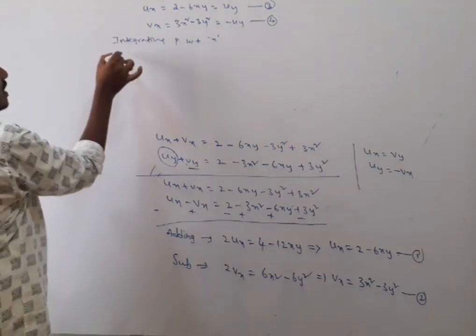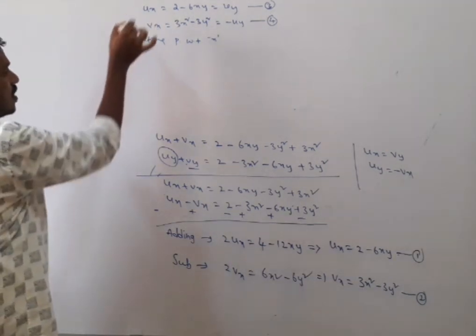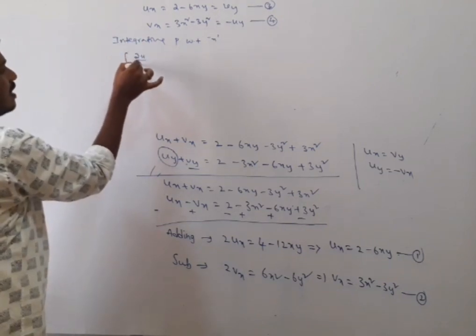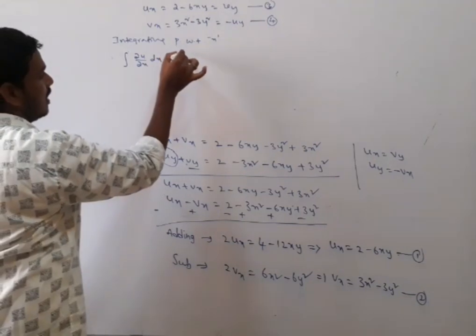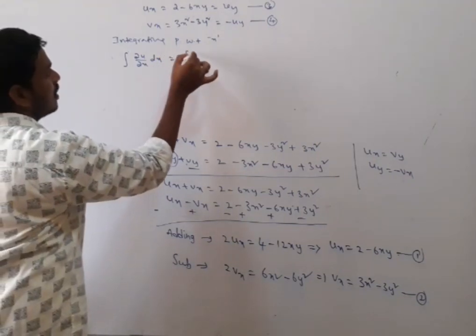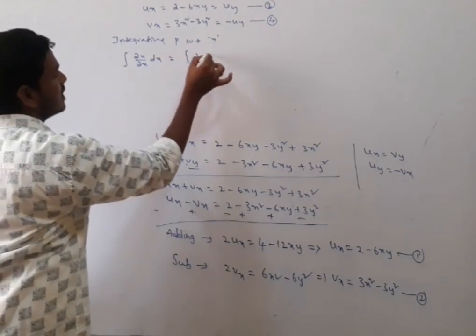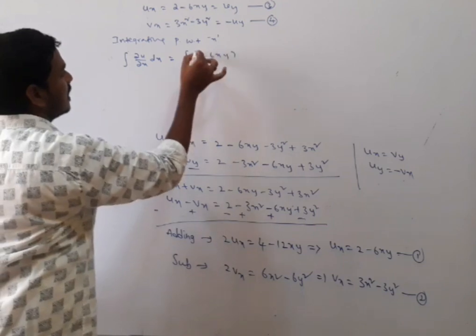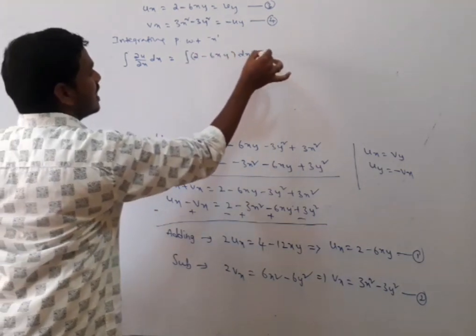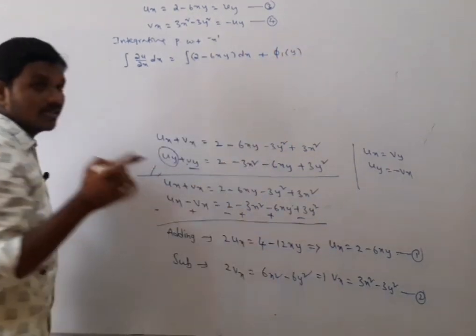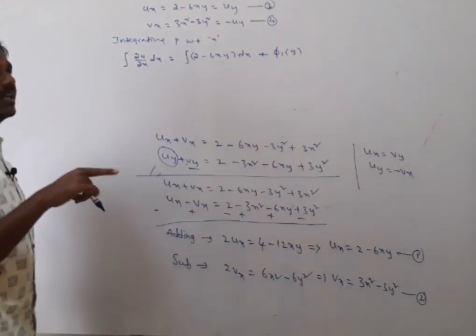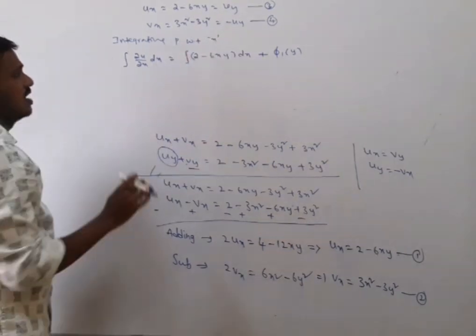So the integration of ux, that is dou u by dou x dx, is equal to the integration of 2 minus 6xy dx. There is a constant, which I am going to take as pi 1 of y. Keeping y as constant, a function of y is also constant.